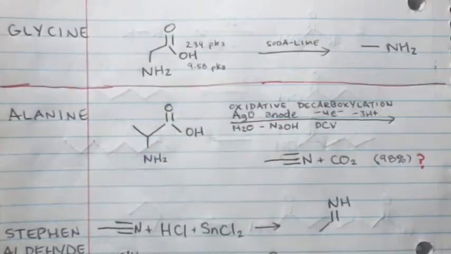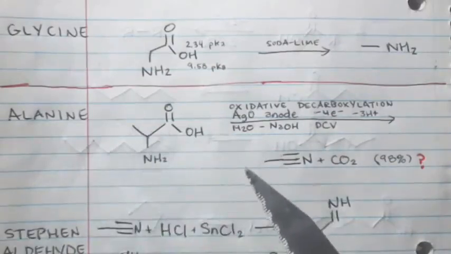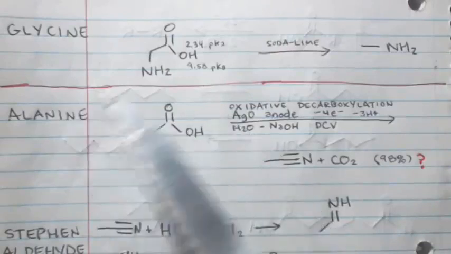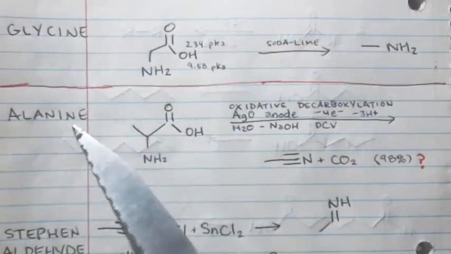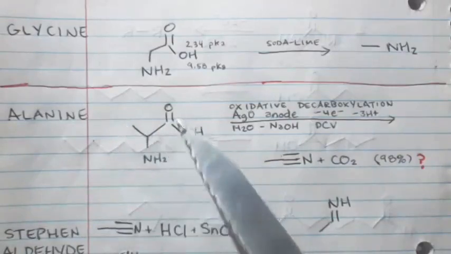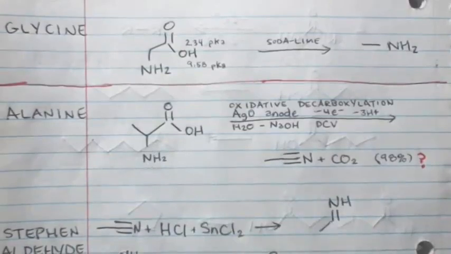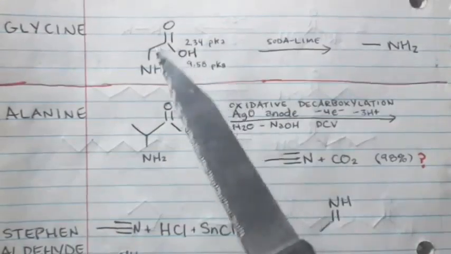And keep going on, gamma, delta, etc., whatever the other ones are. But you'll notice on alanine there's another amino acid, and it's just propanoic acid. 1, 2, 3 carbons, propanoic acid. Only it has an amino group on the alpha position. That's all an amino acid is.